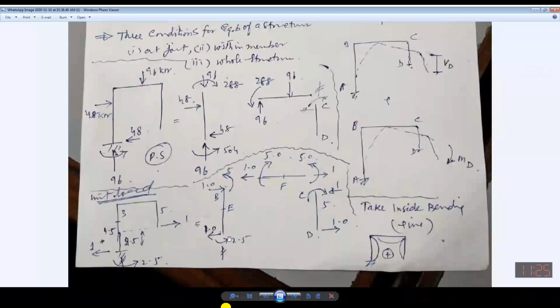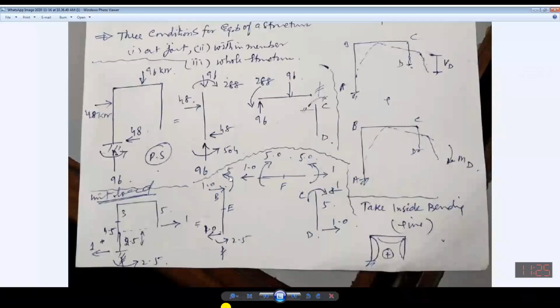This should be like this, this is wrong here. So this one, this is 1, this is 2.5, sorry, this is 5, this is okay, this is not 2.5, this is 5. So it will be acting in this direction. 1 into 7.5 minus 2.5, the resulting moment will be 5 in this direction.